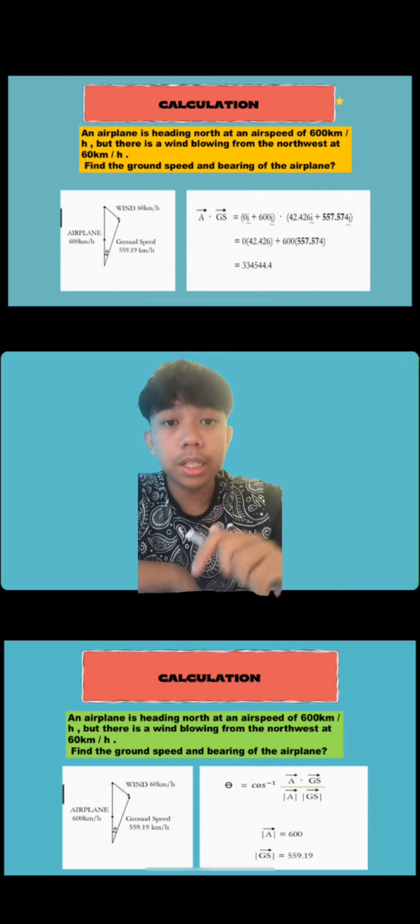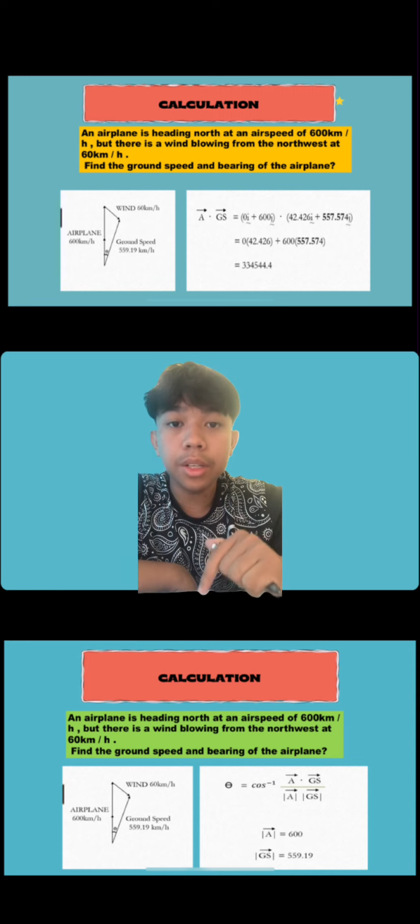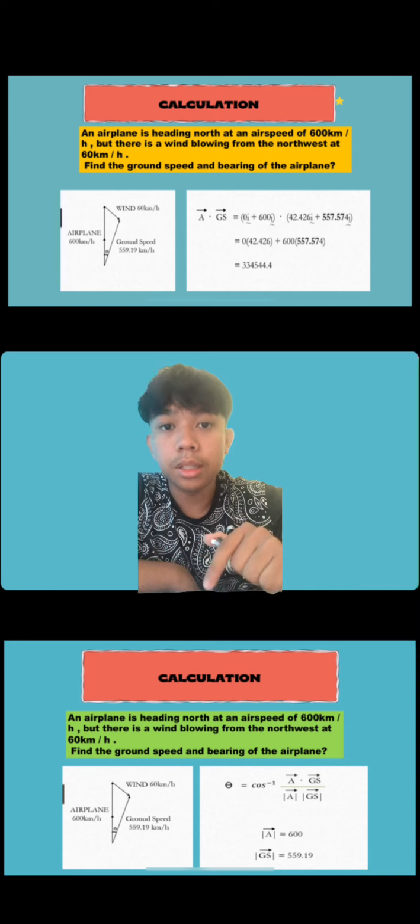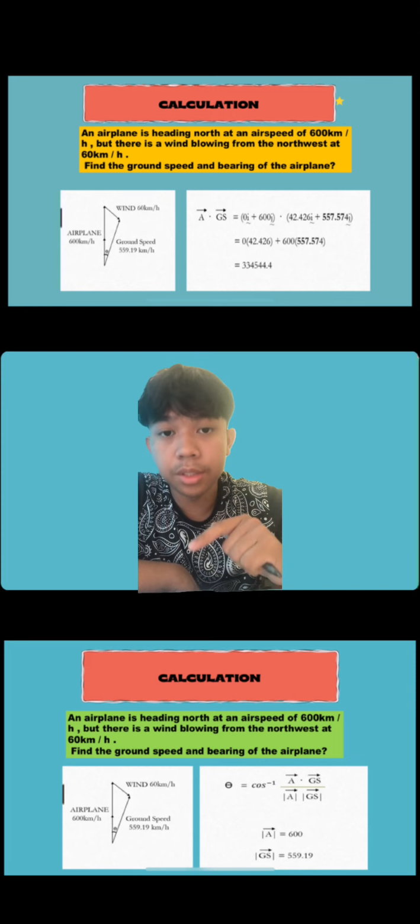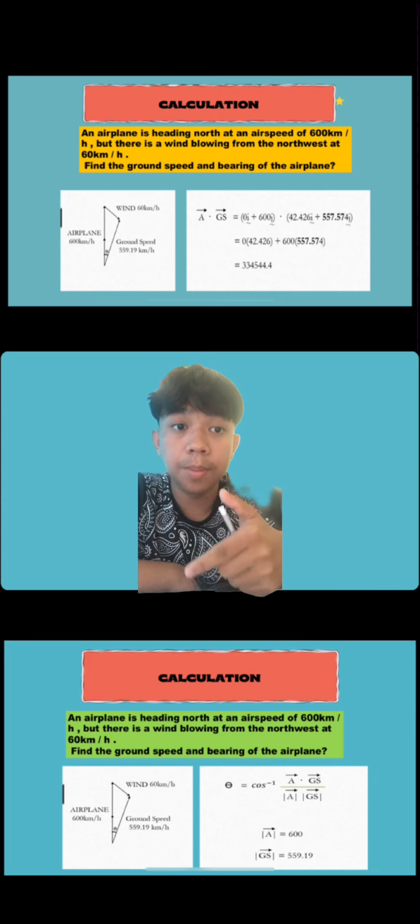To find the bearing of the airplane, we use the formula theta equals cos negative 1 of vector A times vector GS over determinant A times determinant GS. After putting in all our calculations, we get theta, the bearing of the airplane, equals 4.34.